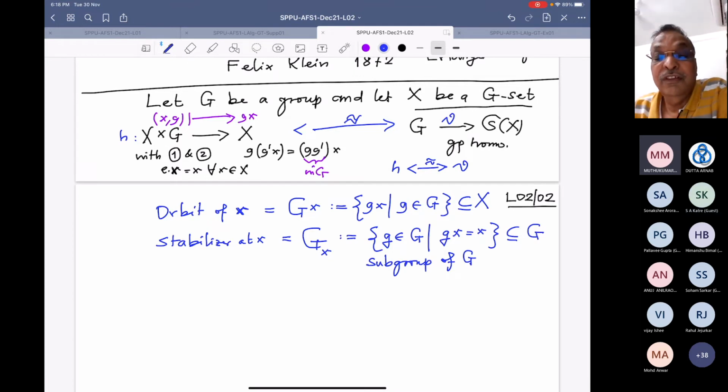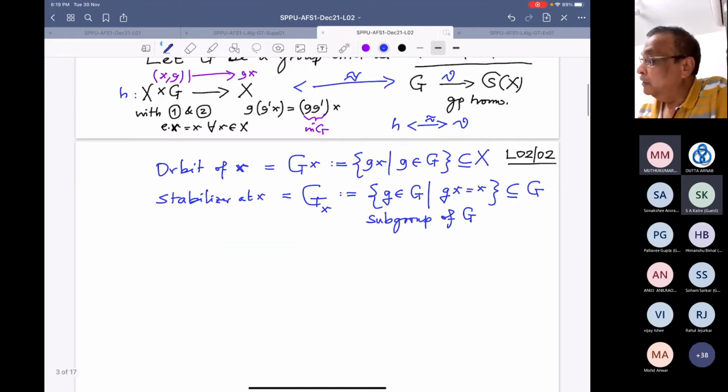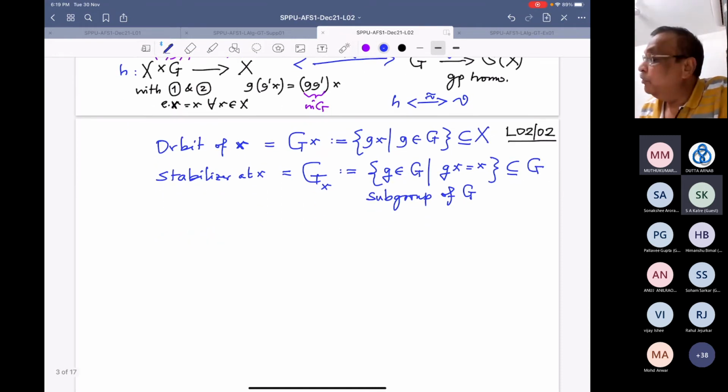This comes from physics. Orbit is because it moves, no? Wait for more examples, you will see why it is called an orbit. Okay, thank you.